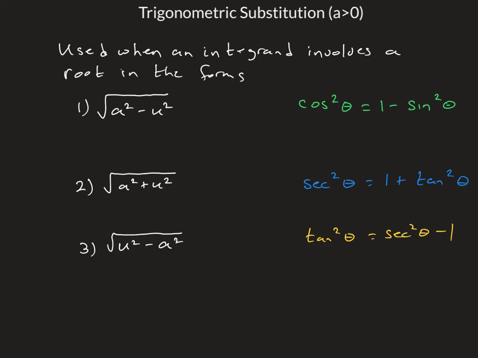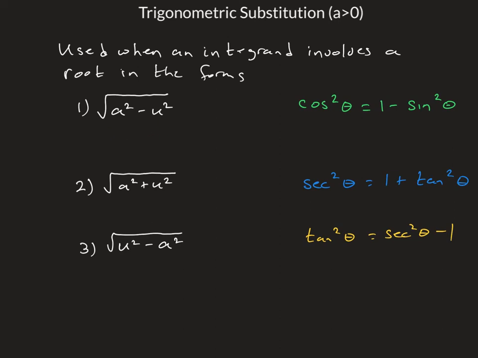Based on that, we're going to make a substitution that allows us to simplify this expression. When working with integrals in this form, we're going to use this version of the Pythagorean identity, that cosine squared theta is 1 minus sine squared theta. You can see that form, the 1 minus sine squared, right in here.